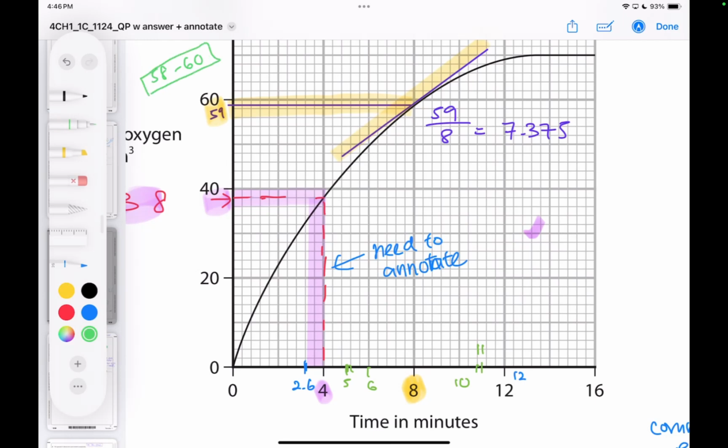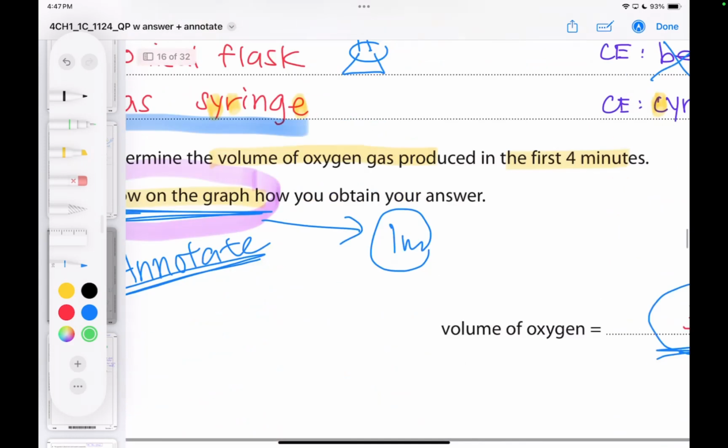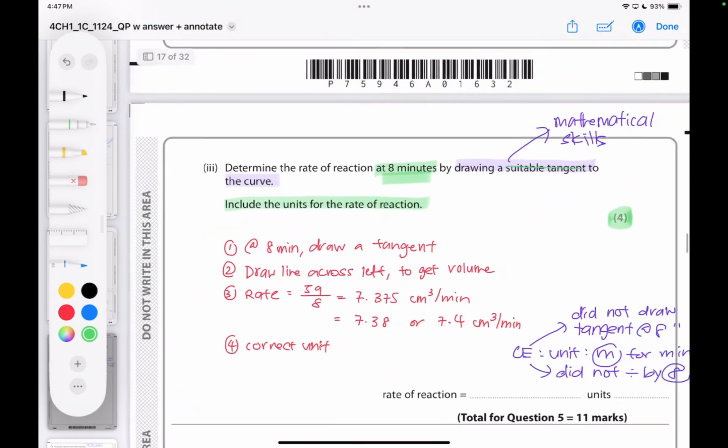This is when students start losing marks, because they simply give this answer as the final one. However, we're looking at a tangent and we're looking at rate, so we need to divide by the time taken. Since they have asked us to look at this tangent at the 8th minute, I need to divide my answer by 8 minutes. Let's run through the steps again. You find 8 minutes first and draw a tangent.